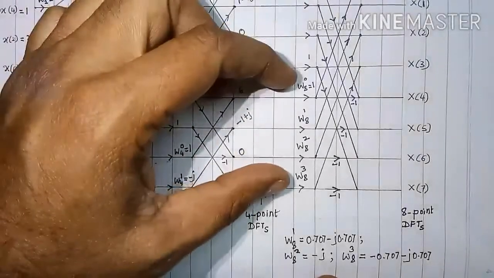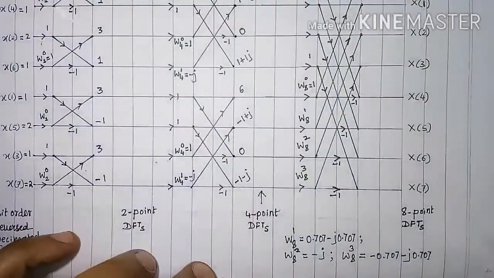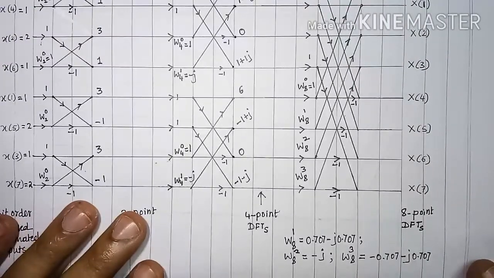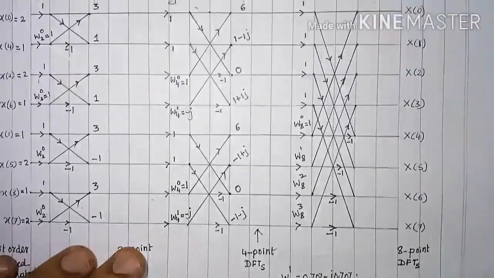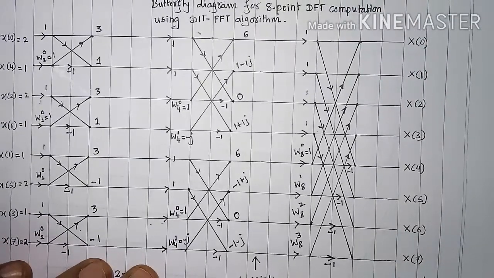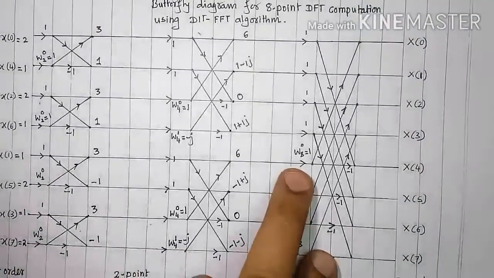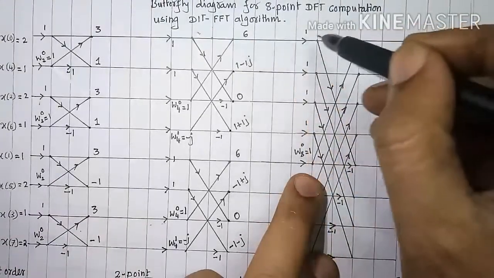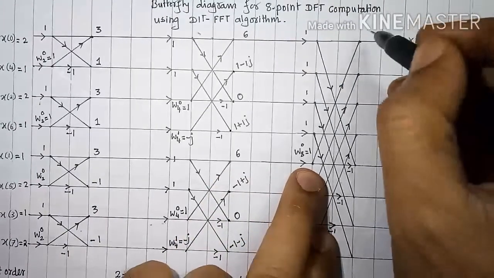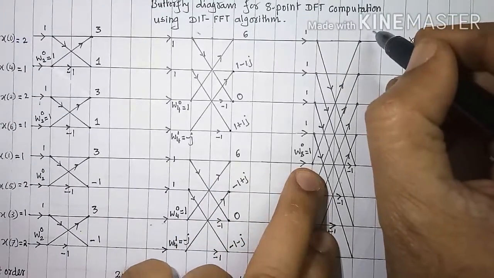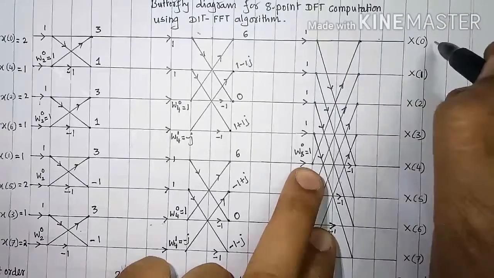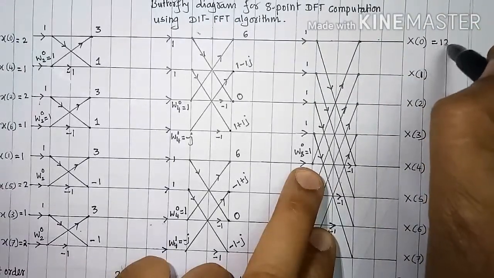Since I don't have space here to write, I have written these values here. Next, 6 into 1, 6, 6 into 1, 6, 6 plus 6 you will get here 12, so I will write here 12.